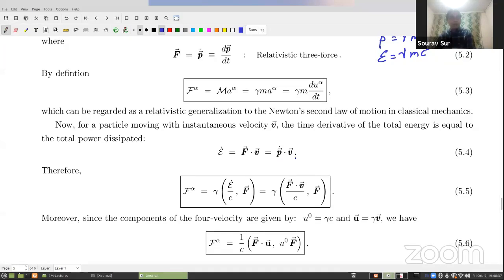This we all know, that the power is given by F dot v.